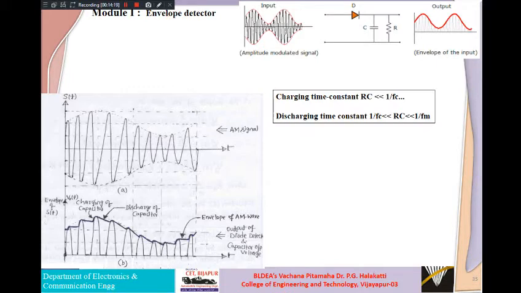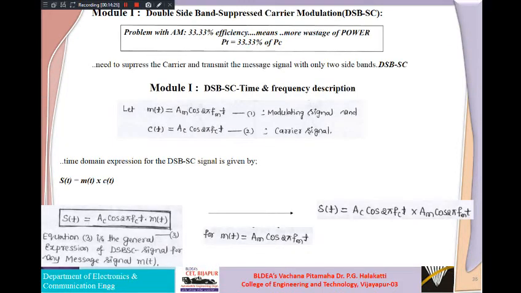So this is all about AM generation and AM detection. So next, there is one problem with this AM generation or detection. In AM generation, if you see, the efficiency we are getting is very low. If you compare the total power with the carrier power, it is only about 1.33 times of the carrier power.